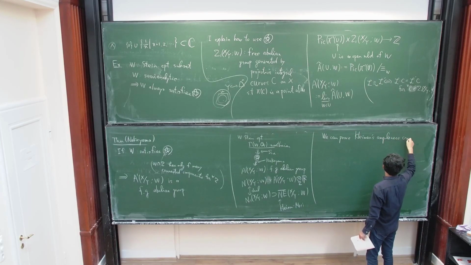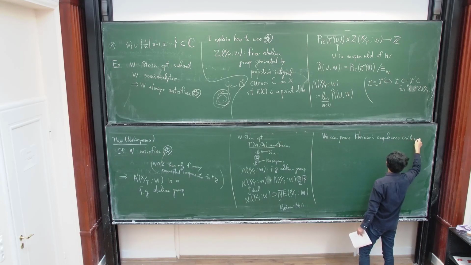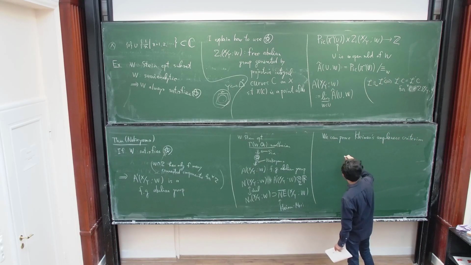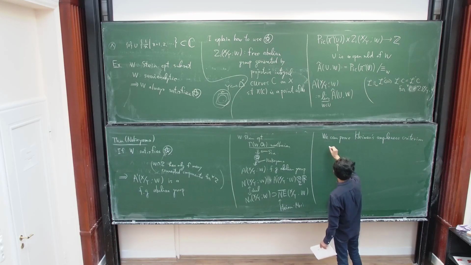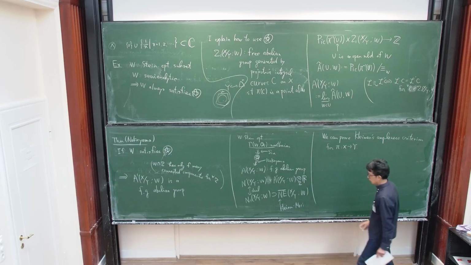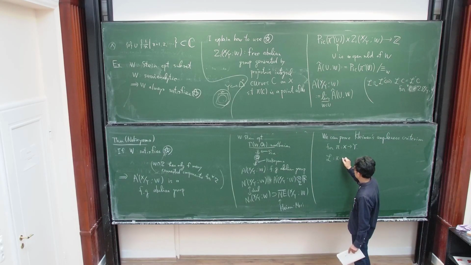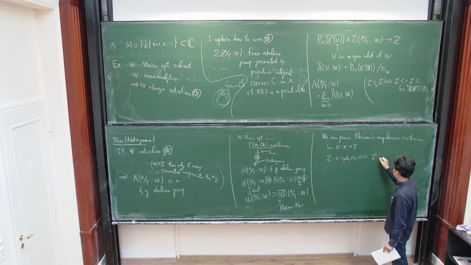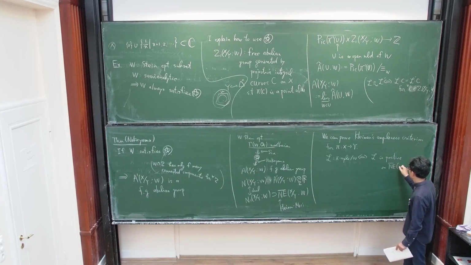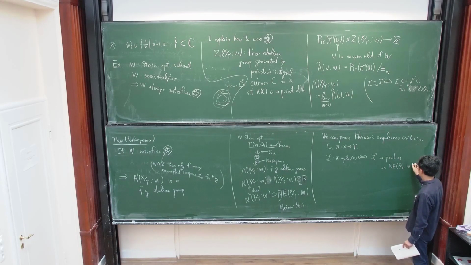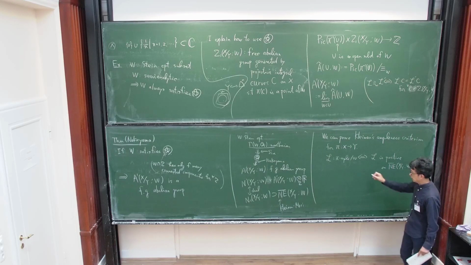This criterion, for pi from X to Y: A is pi-ample over W if and only if A is positive on this cone minus 0, and so on.